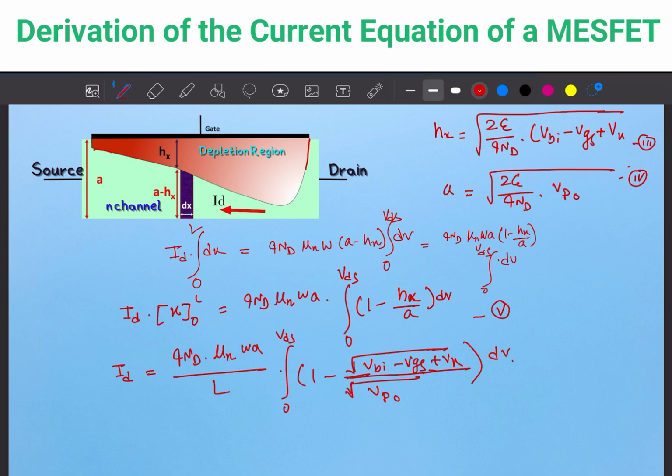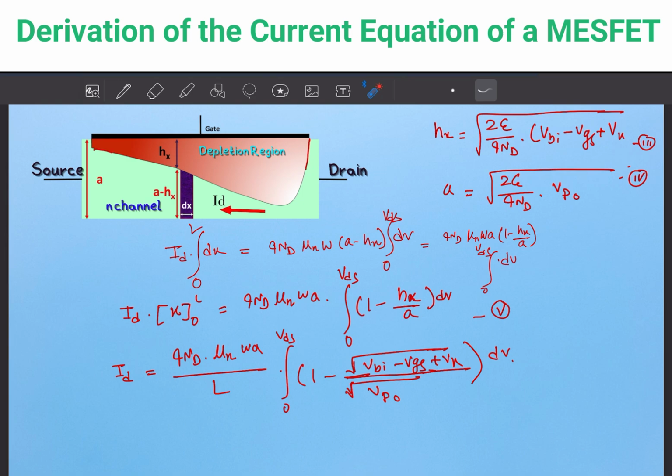Now, please recall that in our last video, when I derived the MESFET equation in the linear region, I told you the value of this term. This will be G0, right? So that means this is the channel conductance when there is no depletion region.